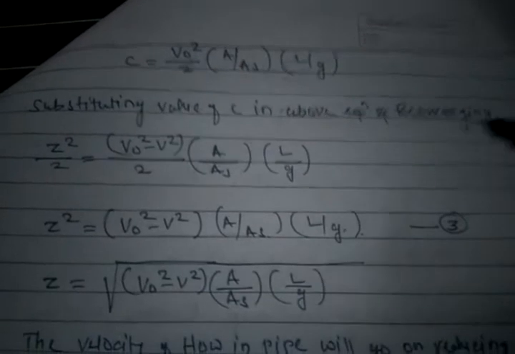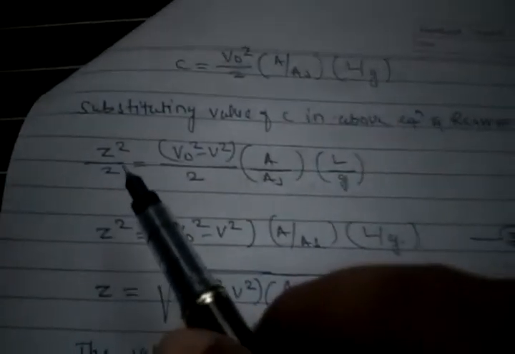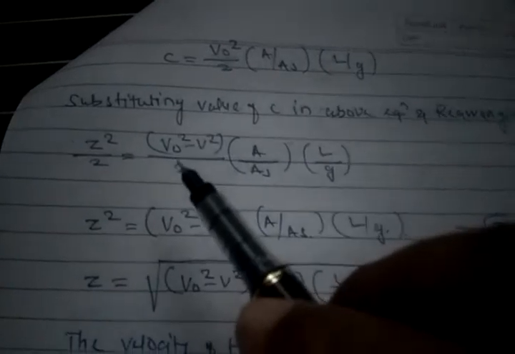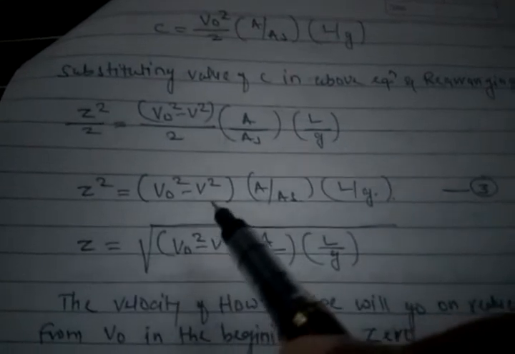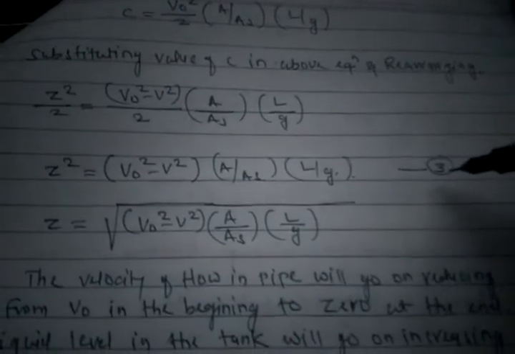So we get C as this, V0 square by 2 into A upon As into L by G. So this is just the value of C. Now substituting the value of C in the above equation and rearranging, what we get is Z square by 2 is equal to V0 square minus V square by 2 into A by As into L by G. Again rearranging, we get the expression for Z square as V0 square minus V square into A by As into L by G. Name this as equation number 3.